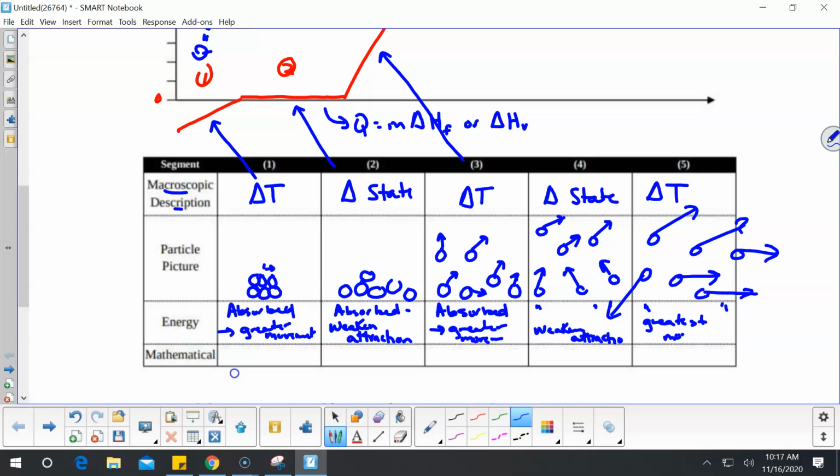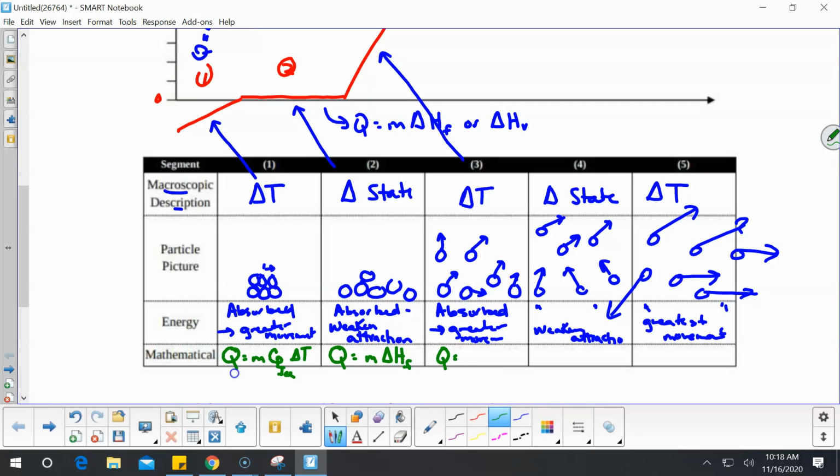So that brings us to the equations that we use. Since energy is being absorbed, this one is Q equals M C sub P for ice, so we'd have to remember that, times the change in temp. I would have to give you those specific heats. For this one, it would be Q equals mass times the change in fusion for the substance.